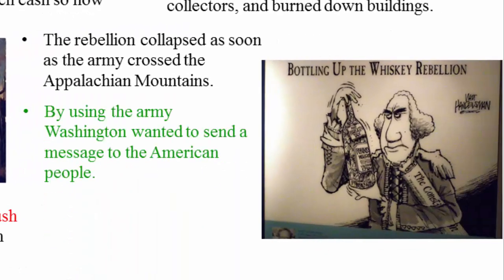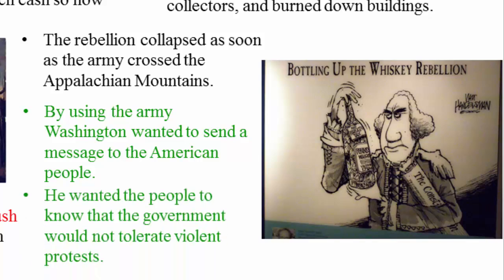Now, Washington wanted to send a message to the people, and his message was violent protest would not be tolerated. If the government did something that the people didn't like, then they had to go through the proper channels, which was Congress, to get their grievances taken care of.